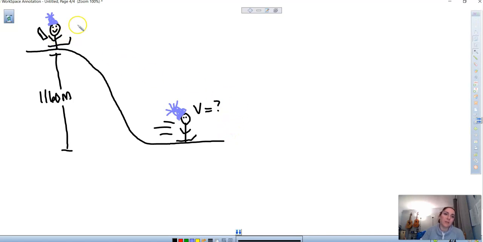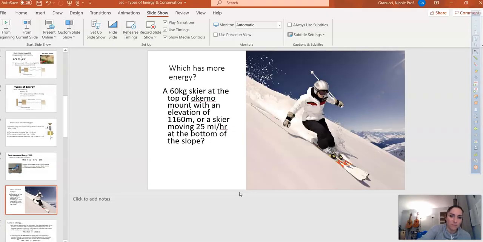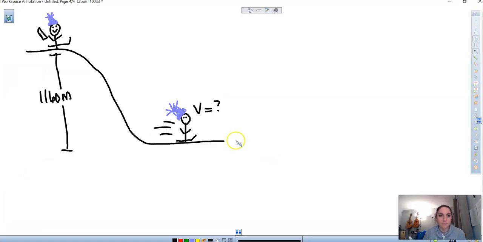So my energy up here, and I think the slides actually said my mass, 60 kilograms. And I was at rest, so my initial velocity is rest up here.